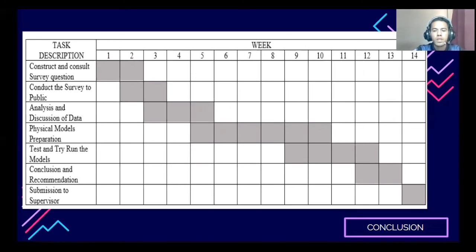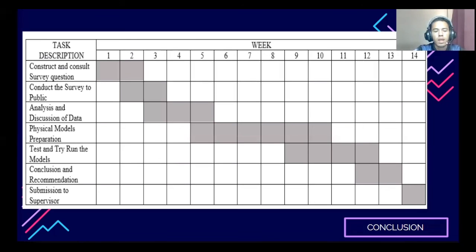After all the data and research papers have been gone through, the first step is to construct a public survey to determine how the public feels about the bad management of the inlet facilities.